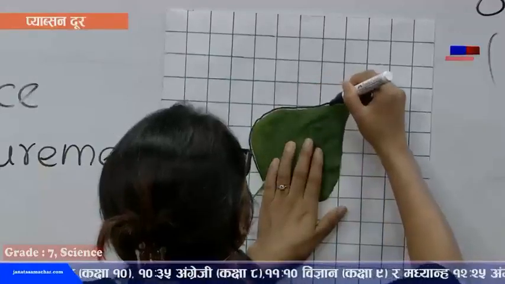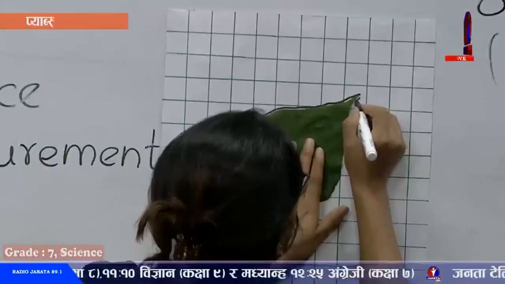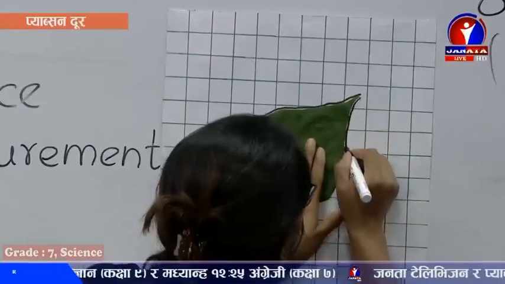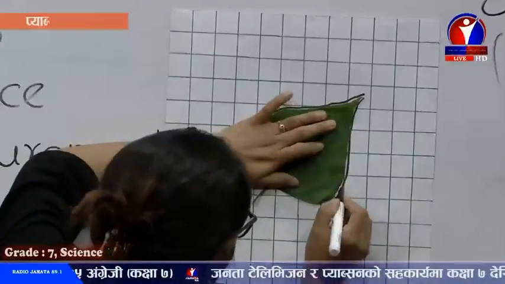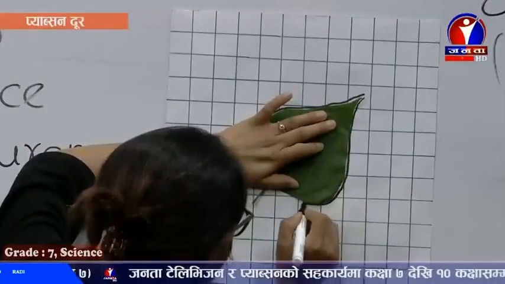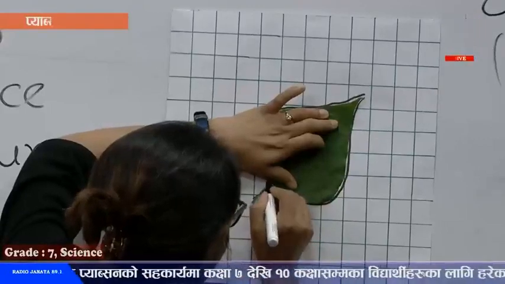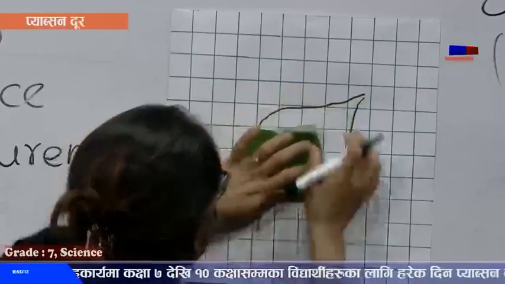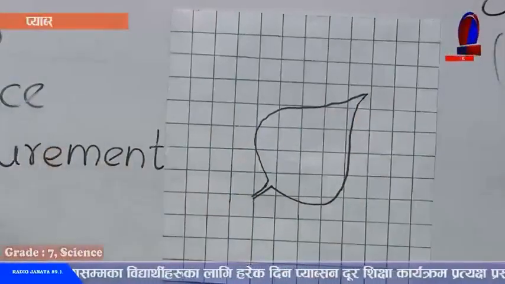We draw the outline of the leaf like this, and then, I'm almost done getting the outline. So this is the outline of the leaf drawn here.